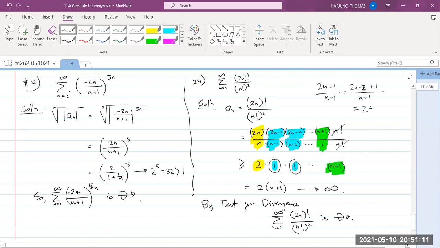So this is 2 plus 1 over n minus 1, right? Do you see that? So it is still greater than 2.